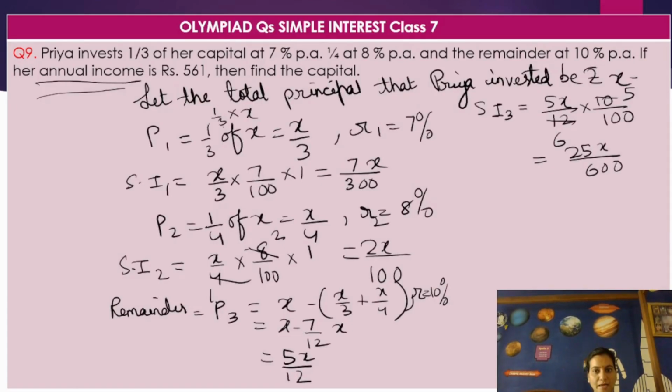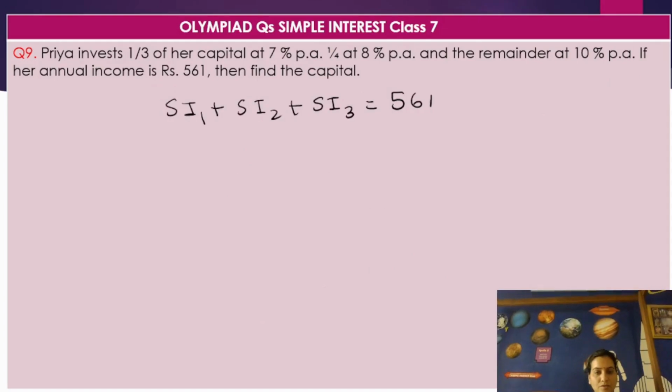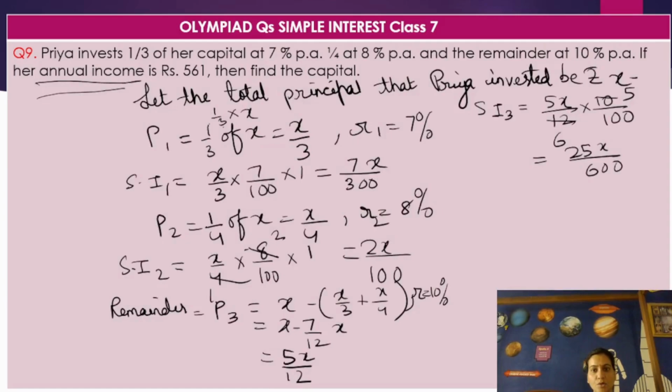SI2 is 2x by 100. This is SI2. And SI3 we have just calculated, that is 25x by 600.